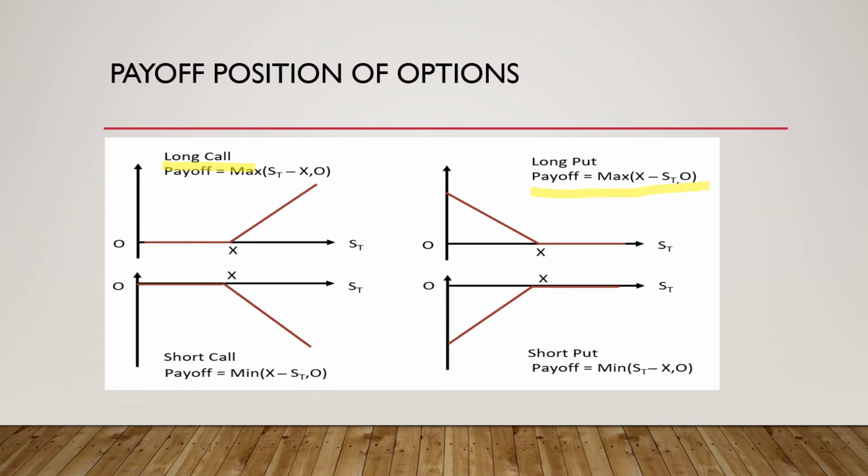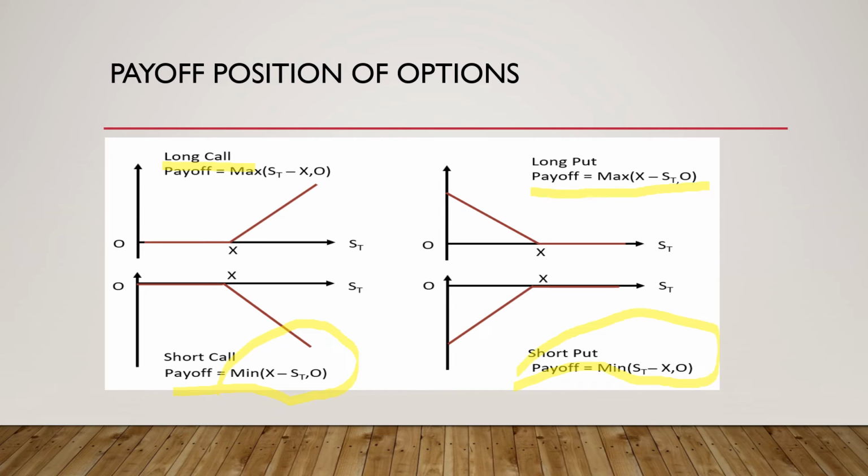But when it comes to the payoff of a short call, where you are the seller of the call, the formula has changed. It is min of (X minus S_t, 0), which means for a seller of a call option, the payoff can also be negative. He can lose money to any extent. His gain would be restricted only to the premium, and that is the same thing demonstrated here in terms of the min value.